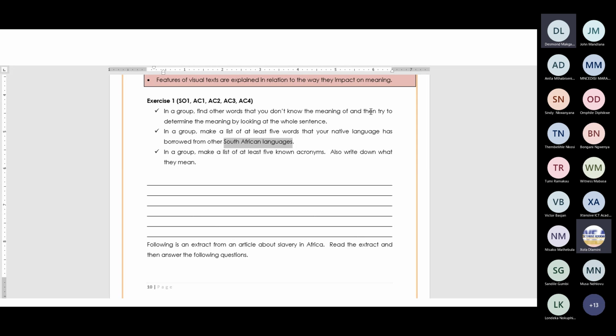Trying to switch to my charts. I've got a few acronyms in the chat. Are you guys seeing them in the chat? Yes, we saw them, sir.